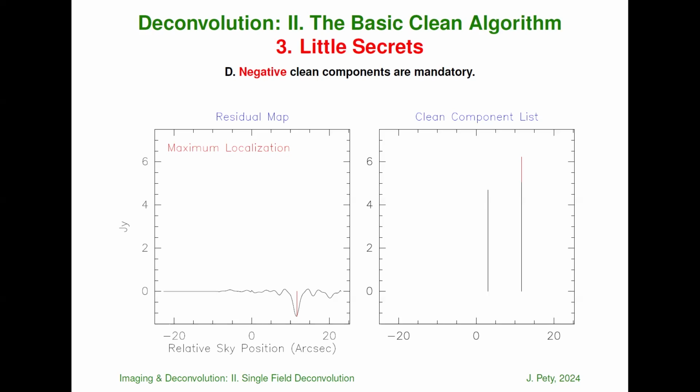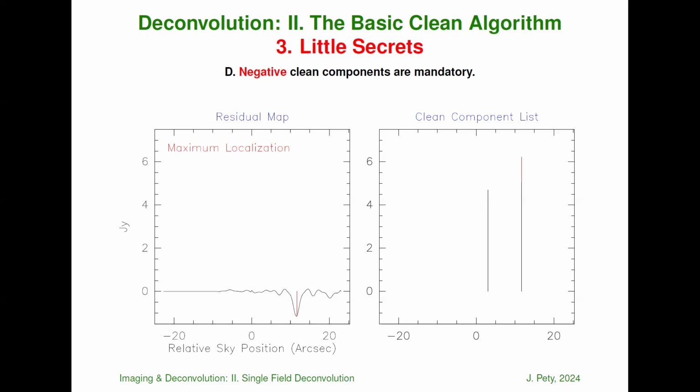So we add it at this position. This is the same position as the first point source we have found. But instead of adding the flux positively, we are making a first order correction. And we see that we end up from Szymanski to almost 5. Okay?